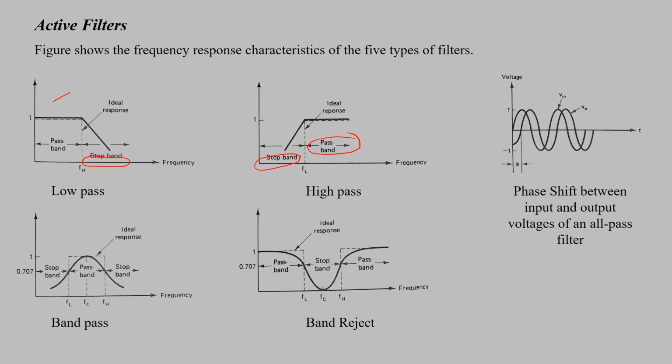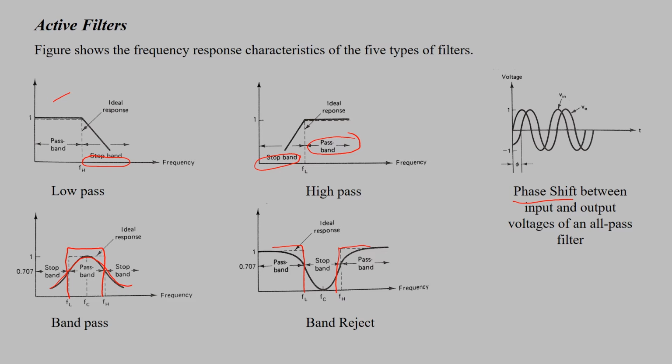Similarly, for band pass, this is the ideal one and this is the practical one. For band reject, there is a band which is to be rejected here. And all pass allows all the frequencies to pass, but there is a phase shift between the input and output voltages of an all pass filter.